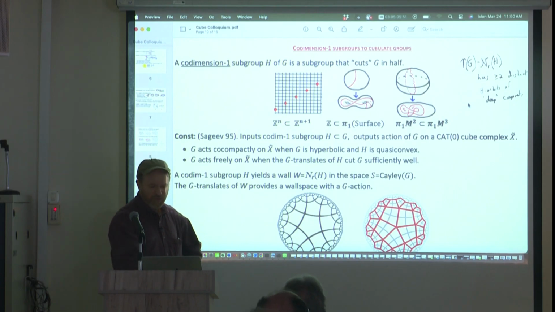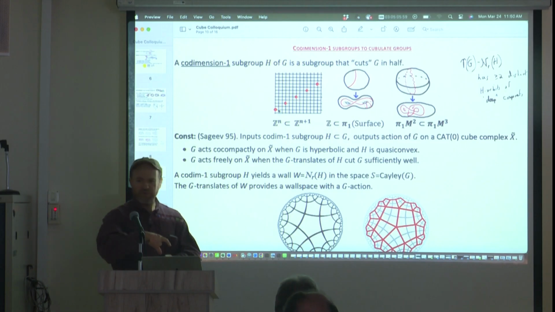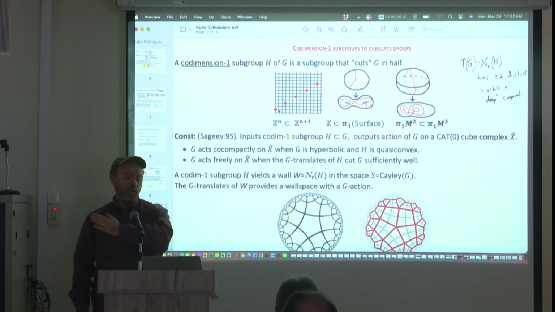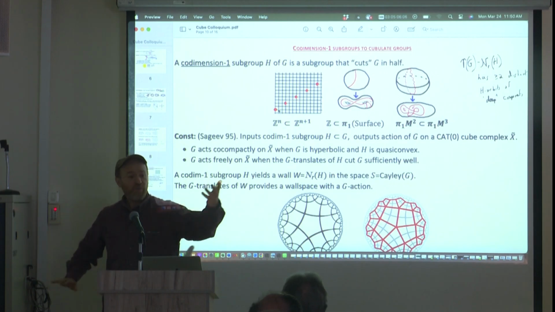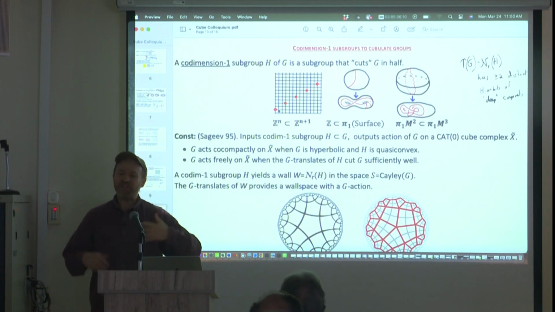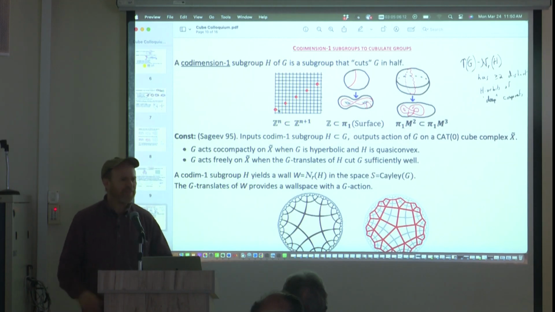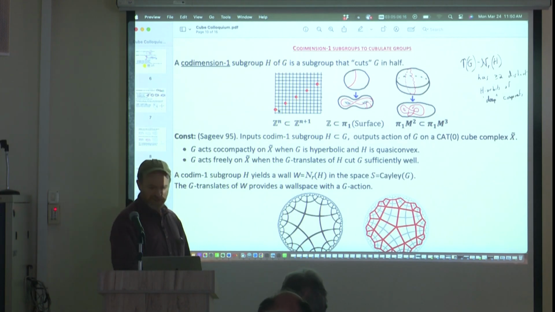Roughly, if you take a neighborhood of the subgroup and remove that neighborhood, you're left with two components. Okay? This is a white lie. The actual definition is a little bit different, but that's close enough so that if you went and thought about it, you'd know what the definition is.